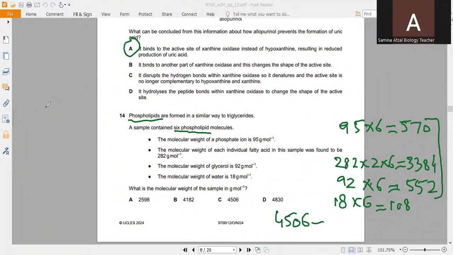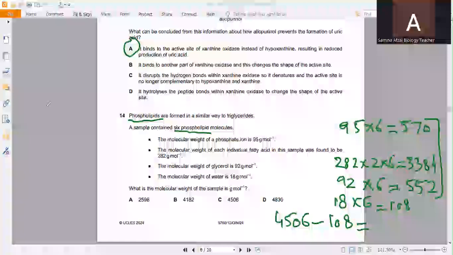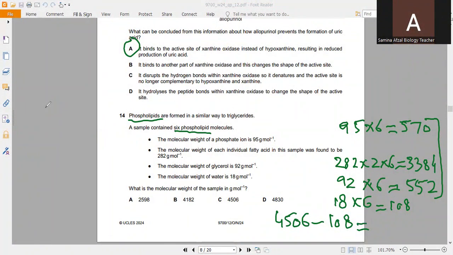We have to subtract the water molecules, because when there is formation of the phospholipid molecule, this is a condensation reaction in which water is removed. So 18 water molecules will be removed.